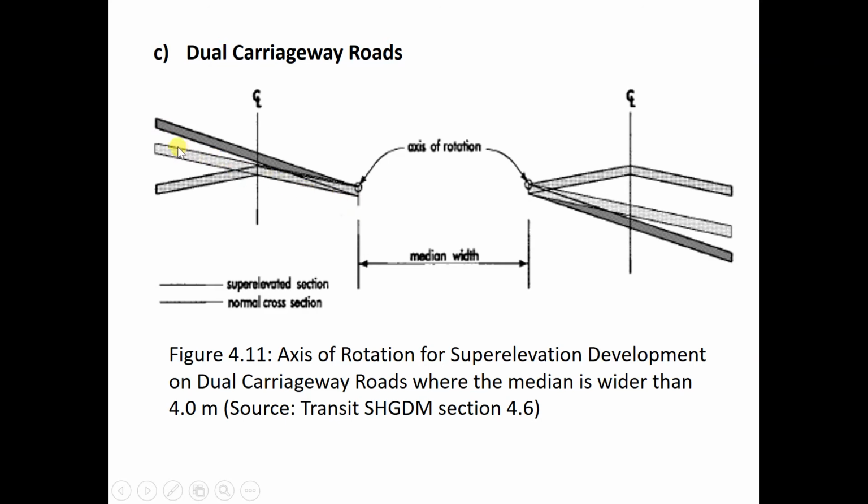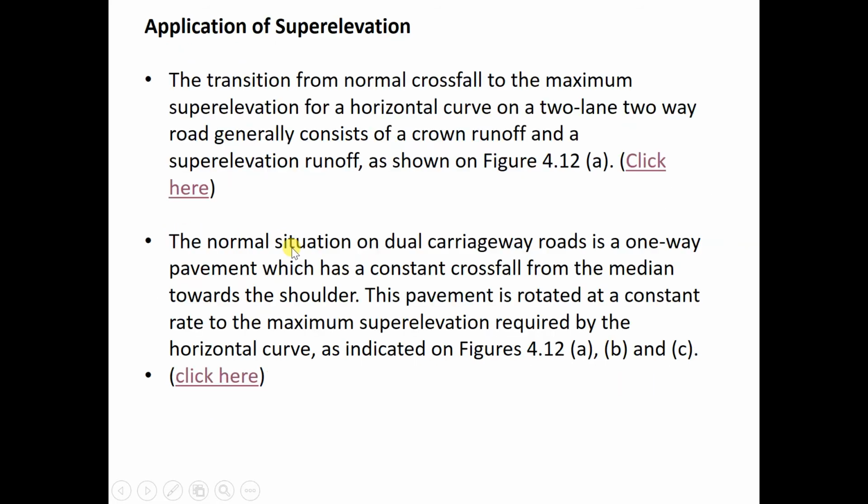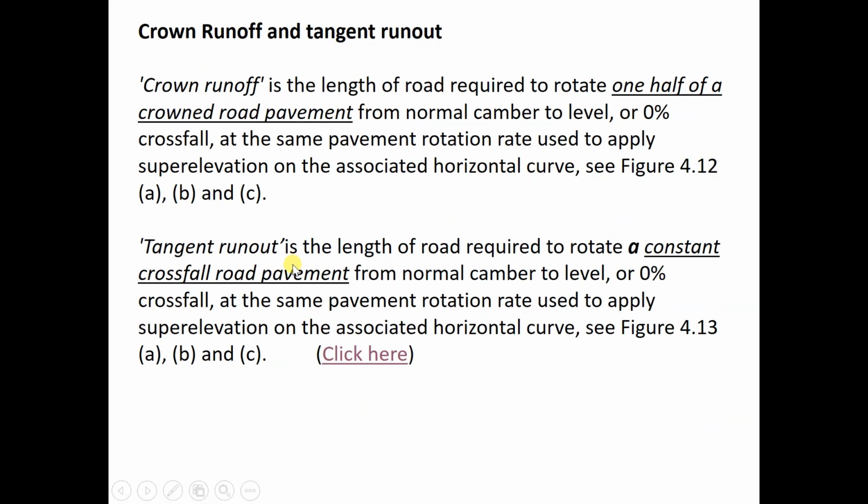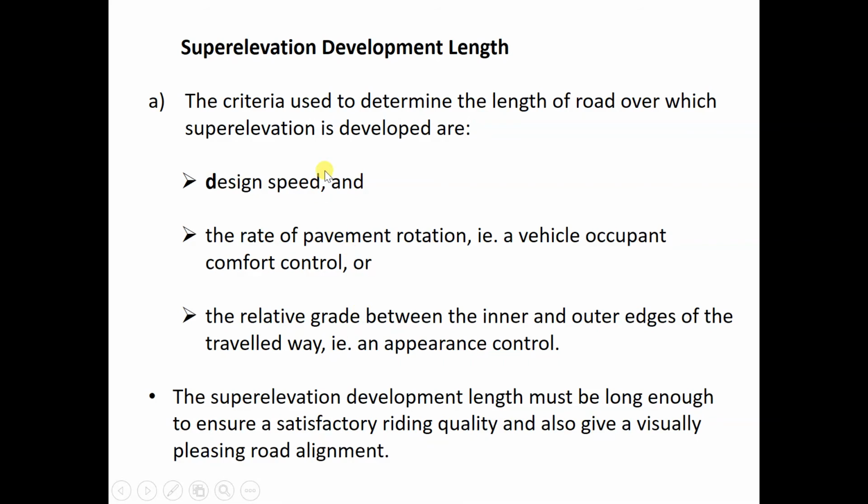So you don't want to go up too high. If you don't go too high, you will control the speed as well. You cannot go that fast around the curvature. So with a lower speed, it will change the super elevation development length as well.